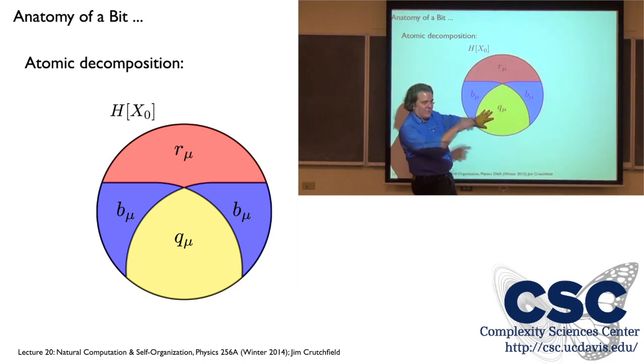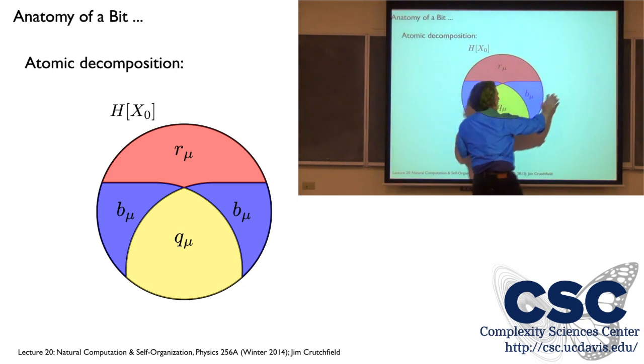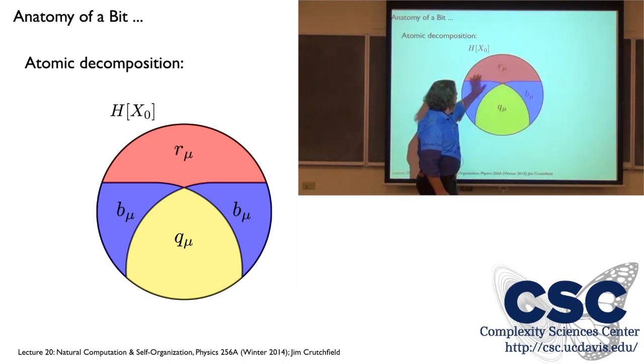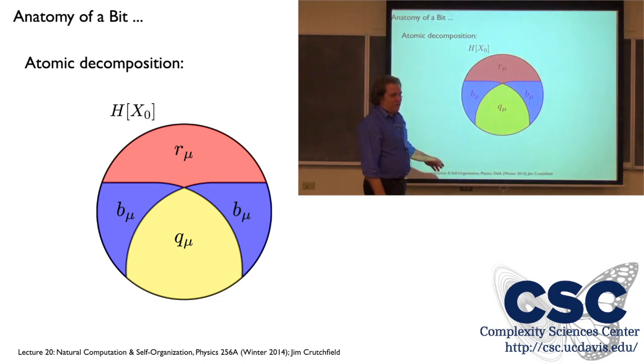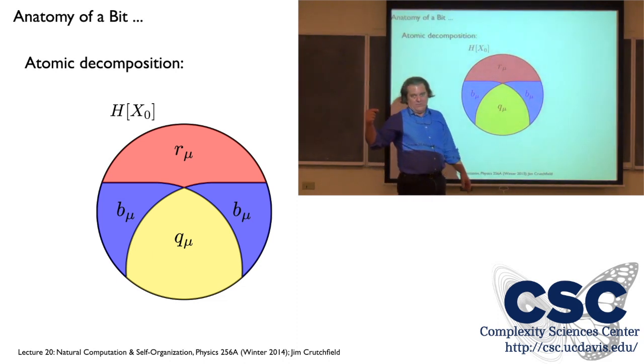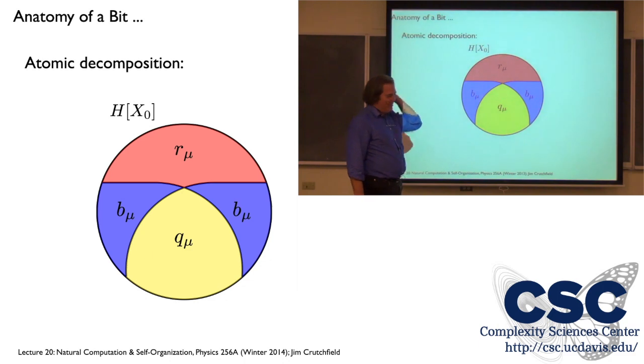If I was looking in reverse time, I have the information in the present, here's my future, I hack that out, and I'm left over with b mu plus r mu, but that's h mu. So that's a quick visual proof that the entropy rate, the predictability of a random process, is symmetric in time, if it's stationary. We'll actually prove it explicitly in spring.